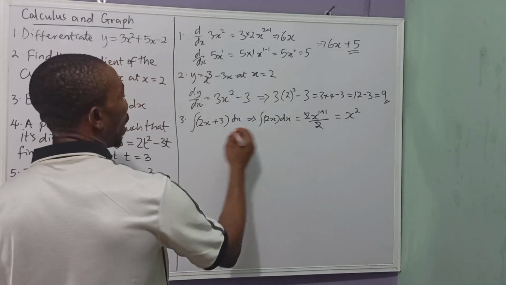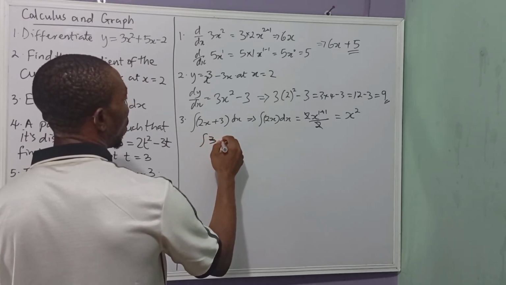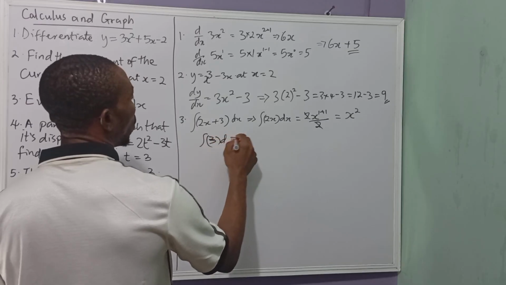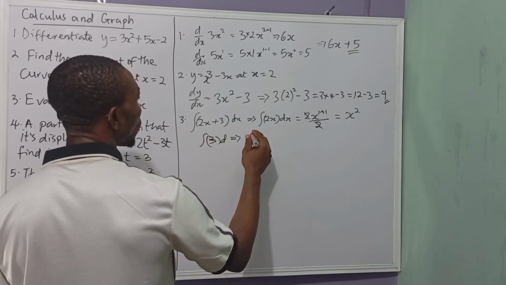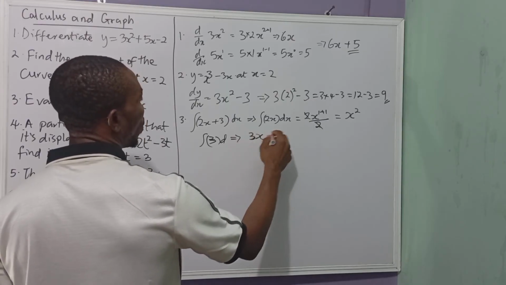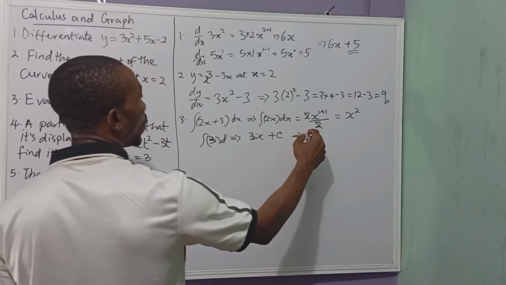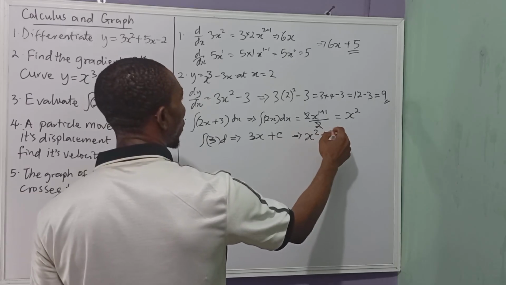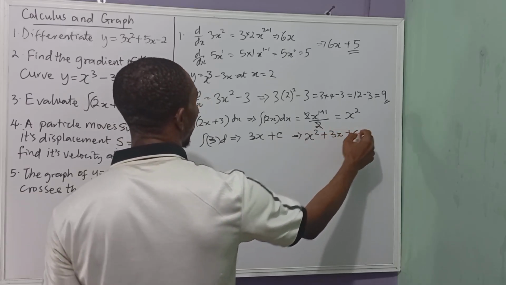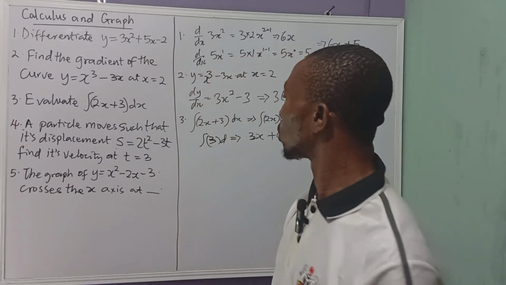Now for the integral of 3 dx, it becomes 3x, plus our constant. So our integration here becomes x squared plus 3x plus c, which is acting as our integration constant.